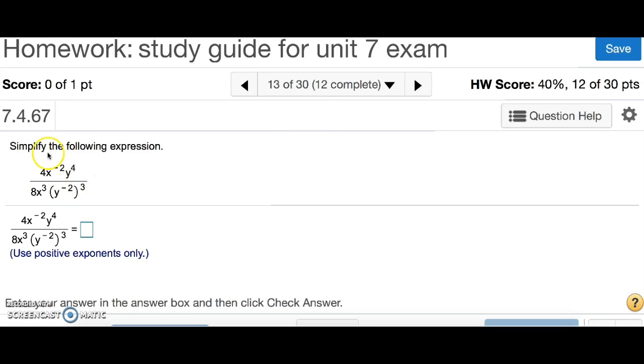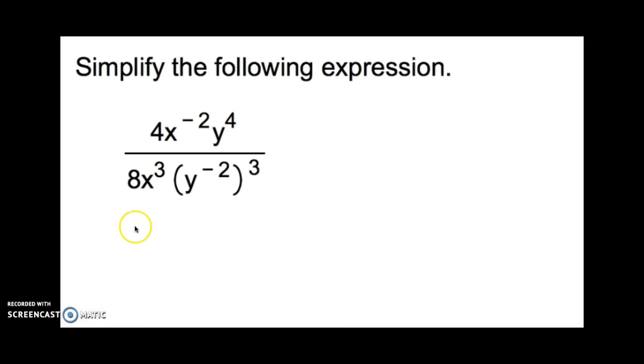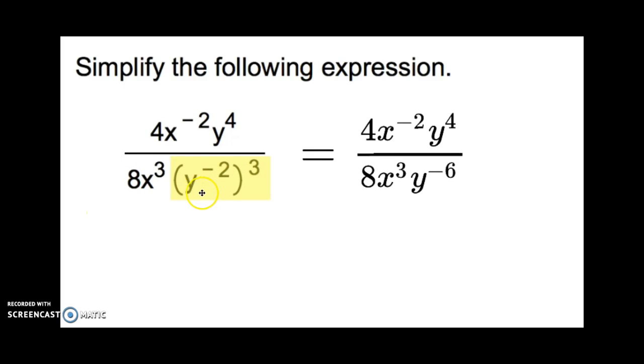Okay, now we need to simplify all of this, so let's take a closer look. Looking at this, there's a whole lot of mess going on. The first thing I notice, though, is this. I see something being raised to an exponent here, and I want to get rid of that. Raising an exponent to a power, I multiply. So negative 2 times 3 is negative 6.